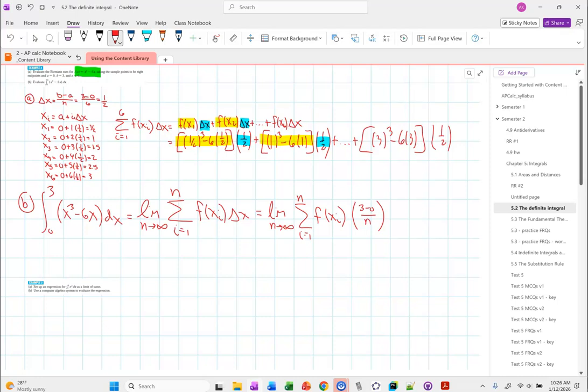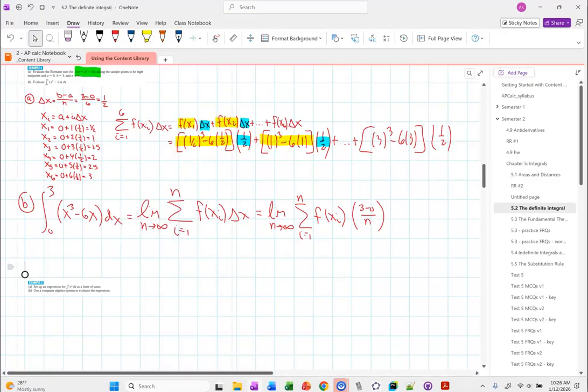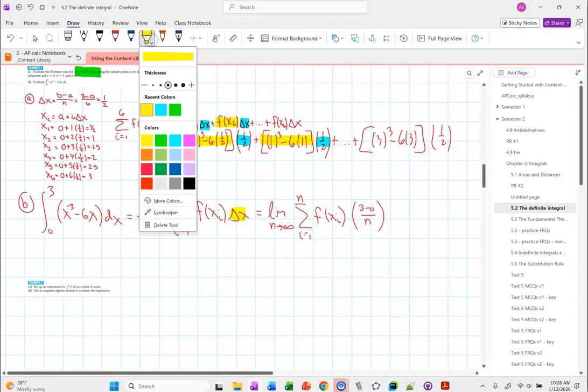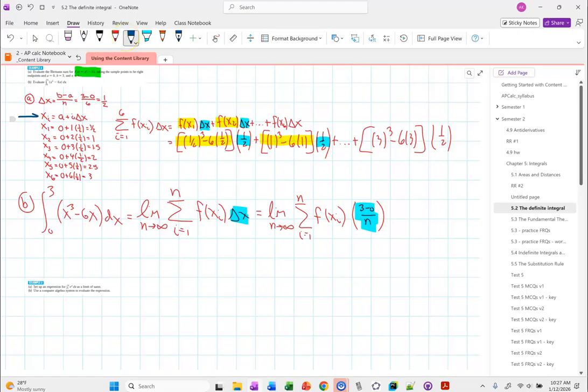Now I'm going to replace my xi. So remember the formula for xi.